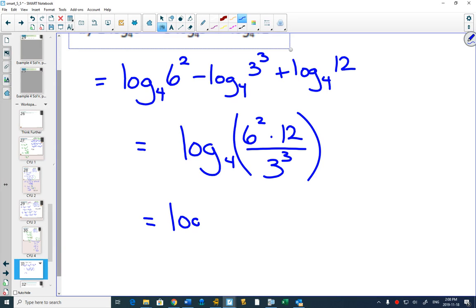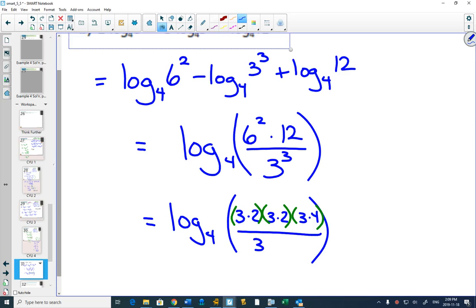Break these up into factors. 6 squared is 6 times 6, which is 3 times 2 times 3 times 2, and 12 is 3 times 4. You okay with that? I'll put these in brackets so you can still see the 6 and the 12. 3 cubed is 3 times 3 times 3.